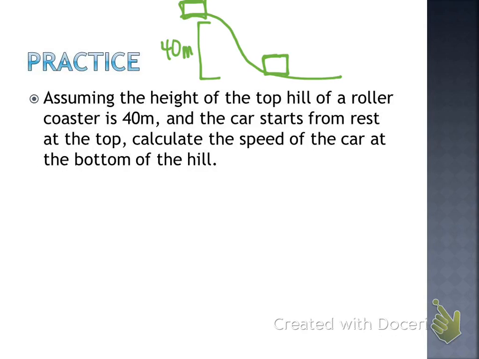That means we've reached our absolute peak, which means at the top we have only what type of energy? We have all potential at the top. Once we've made our way down the roller coaster to the very bottom, we've transformed to all kinetic energy. So this is initial, and this is final.